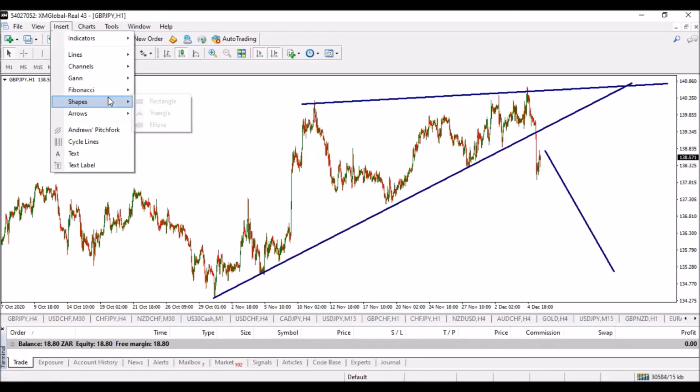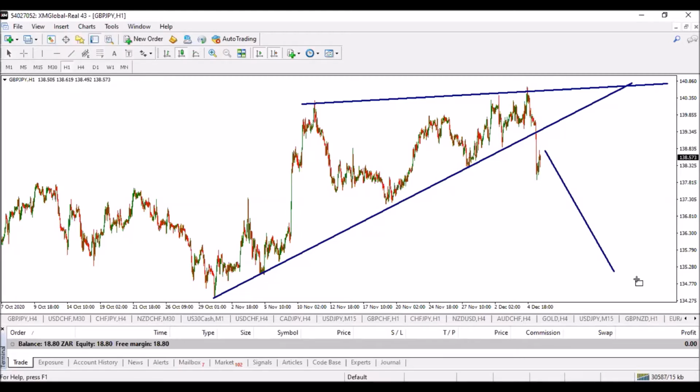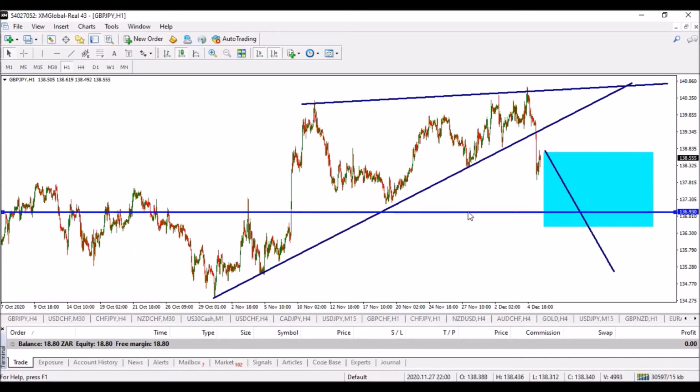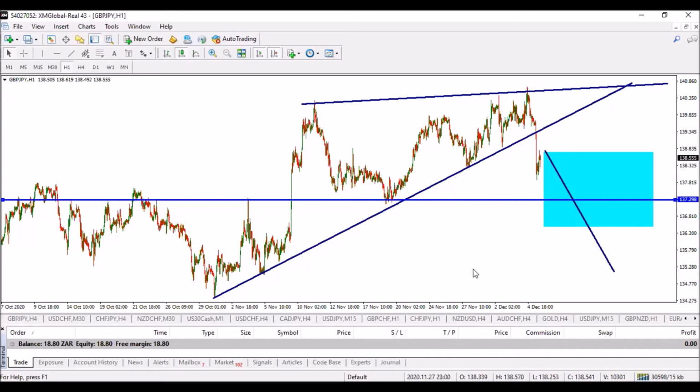I'd be looking at sells to here. You can go here, first one and then second one. And go to this, the first one here. Sorry. And then second one here.